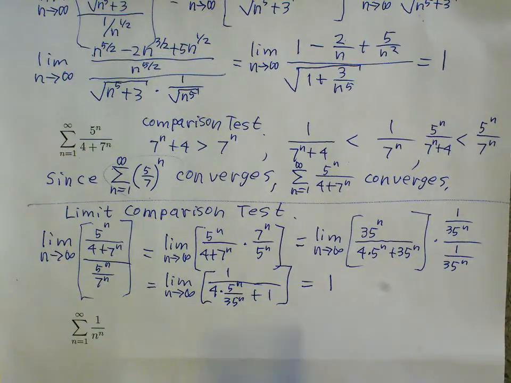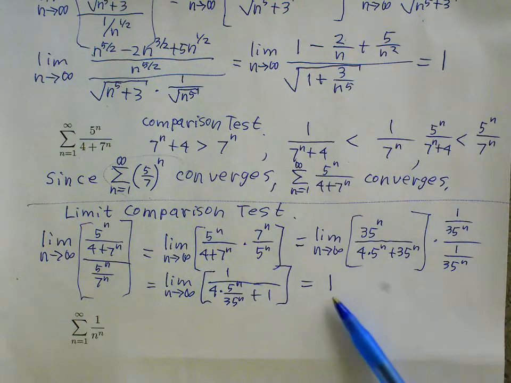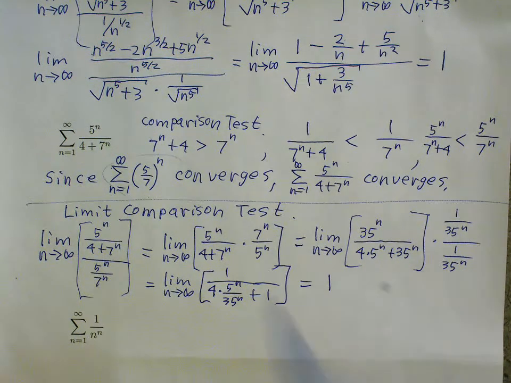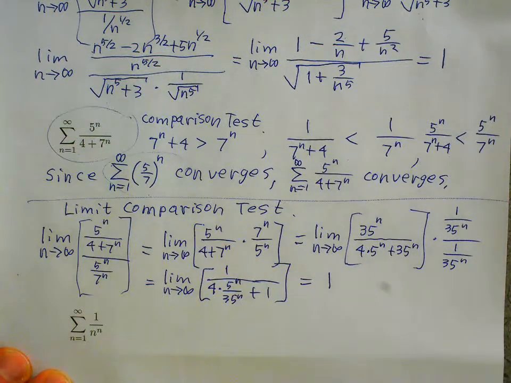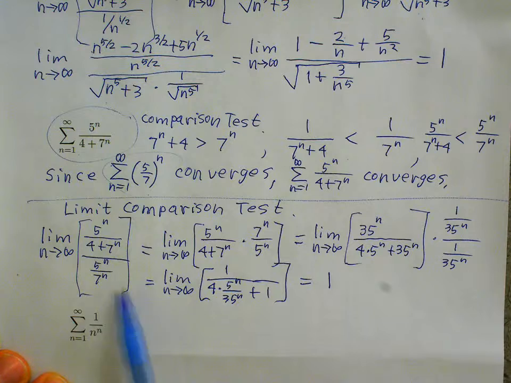Since the limit of the ratio is a finite positive number, by the limit comparison test, the original series converges because we know that the series that we can compare it to converges.